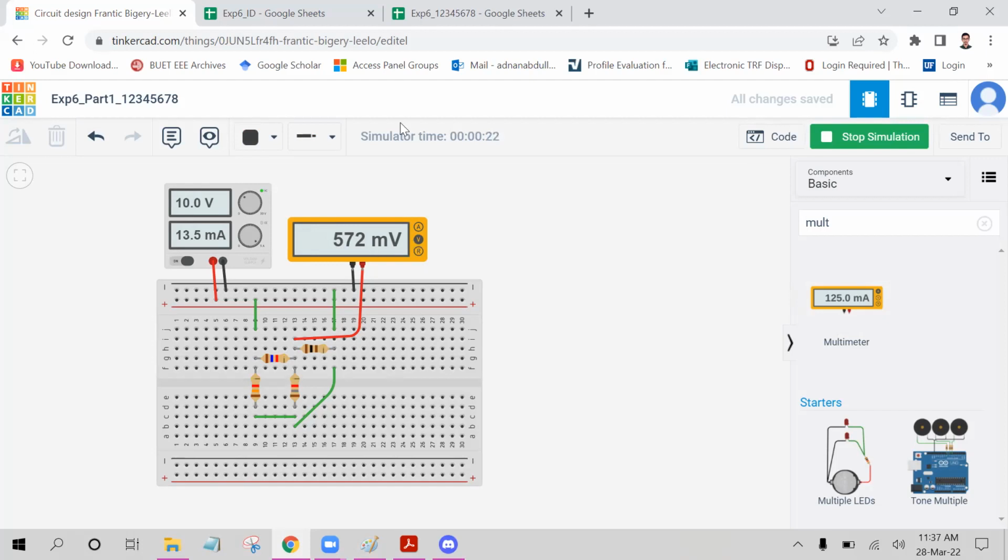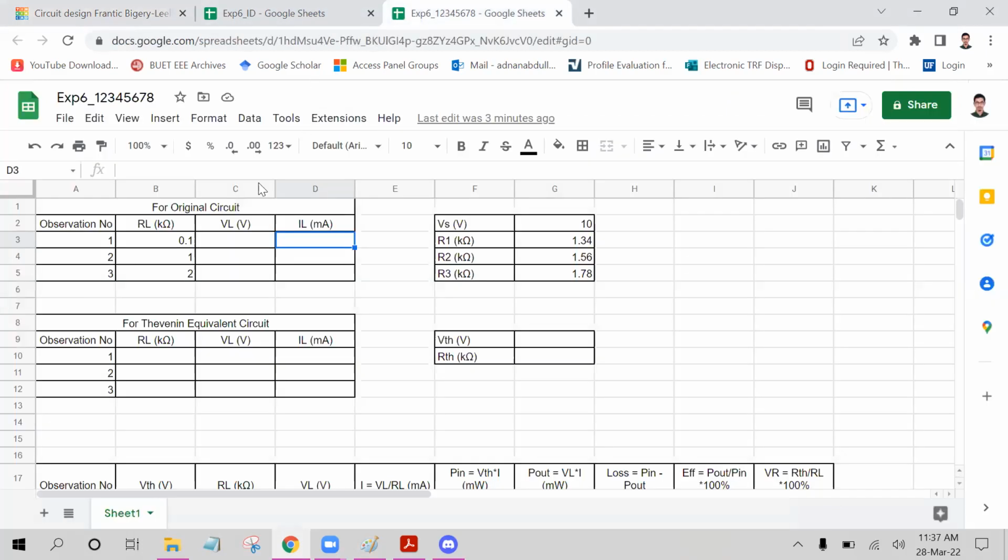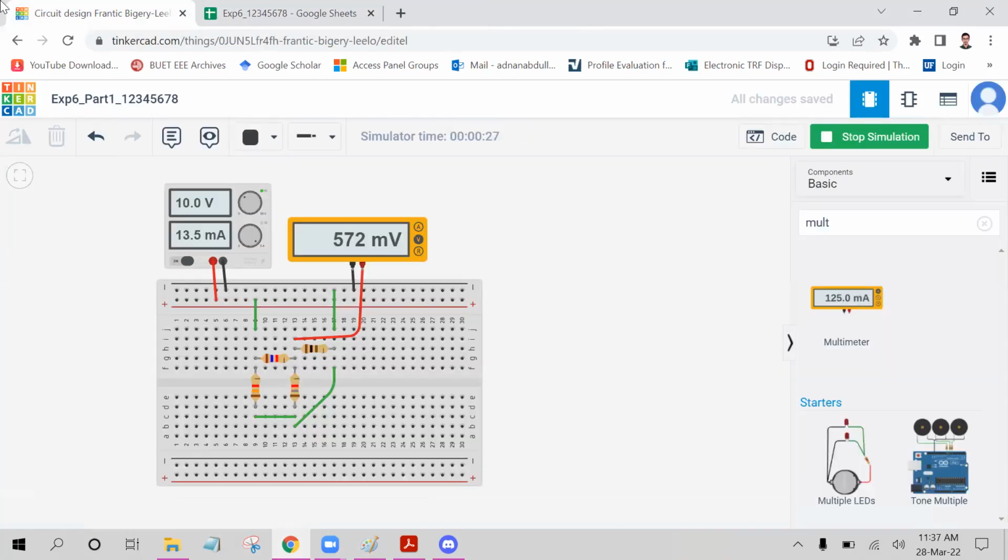In my case, it is 572 millivolts, so I am going to write 0.572 volt. Is it clear, everyone? Yes, sir. So that is our load voltage for the 100 ohm load.